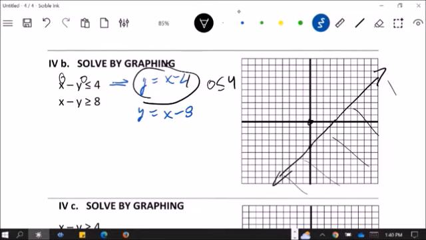Okay, on the next one now, move the x over and divide by the negative, and you get y is equal to x minus 8. So now I'm going to go down to negative 8. 2, 3, 4, negative 8.